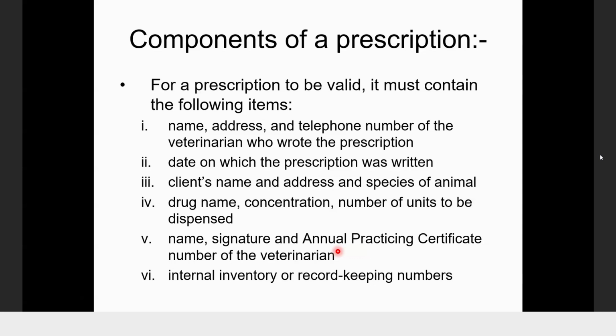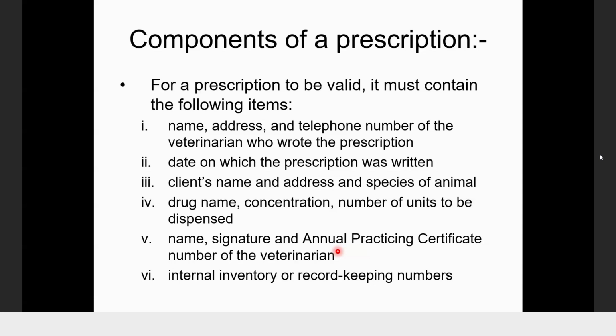To obtain the annual practicing certificate, you need to have points. They call it the CPD points, continuous professional development. These points are required in order to apply for the APC, and the points are determined by the Malaysian Veterinary Council, on how many points you require to renew your APC.